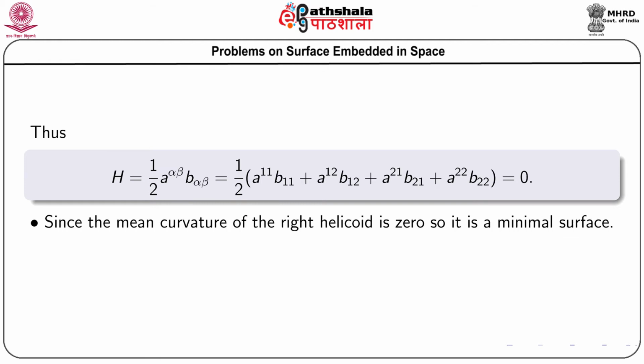That means the mean curvature is 0, and so it is a minimal surface. So, right helicoid is a minimal surface.